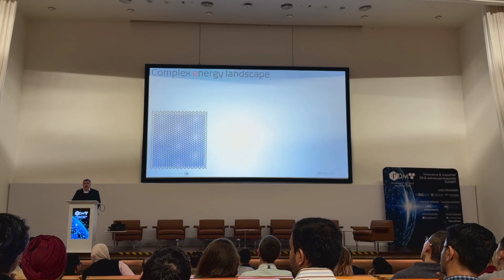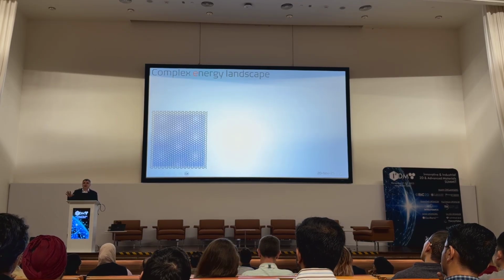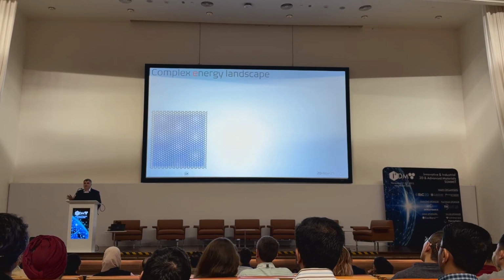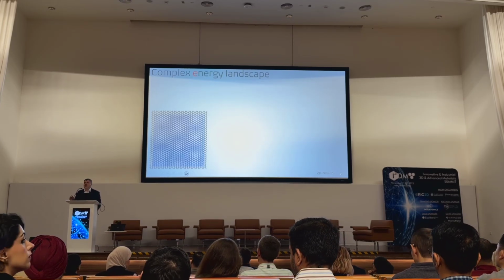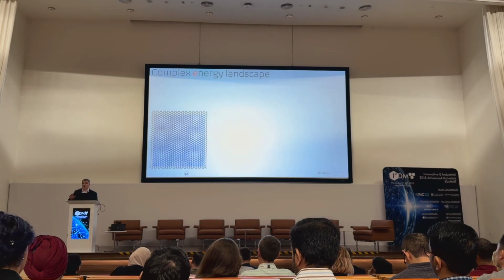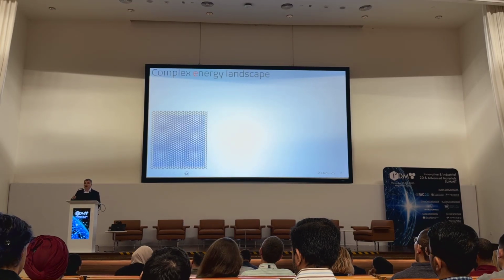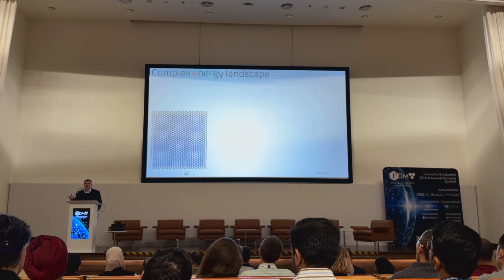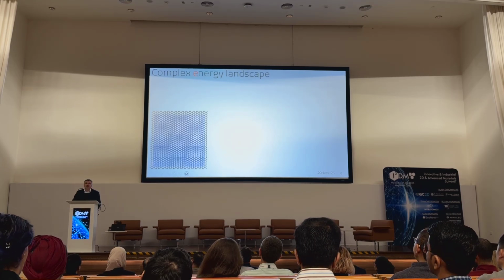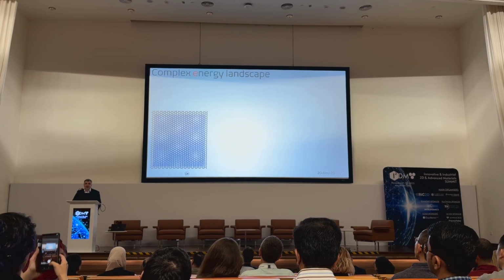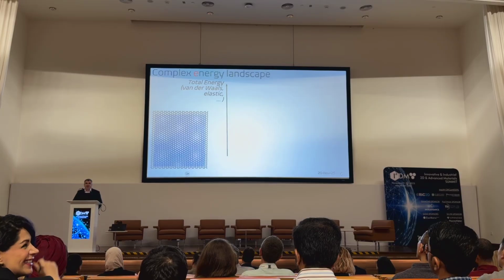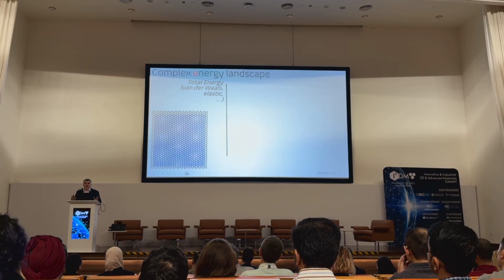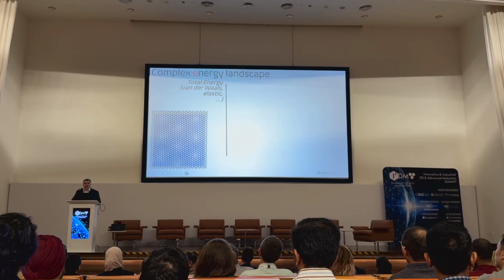Now you could imagine that once you have this moiré pattern formed, you have many different stackings within one unit cell, and you have to average over them. Some of them would be more favorable than the others, and then you can plot a diagram of the energy landscape averaged over a unit cell.